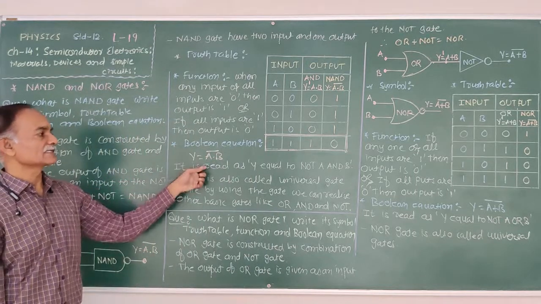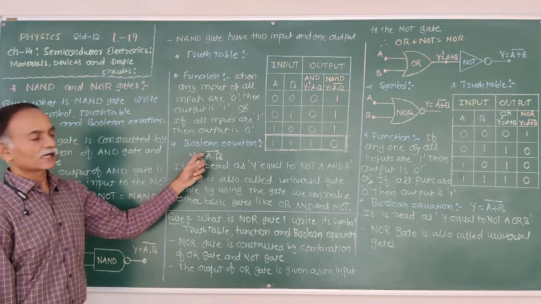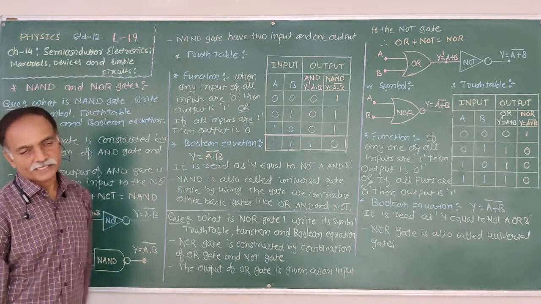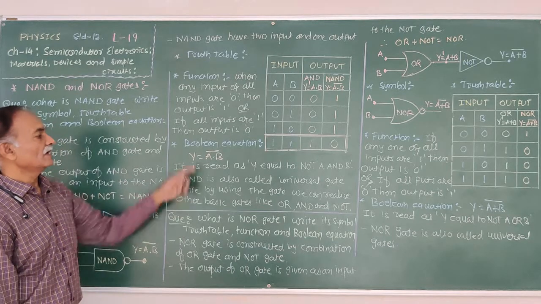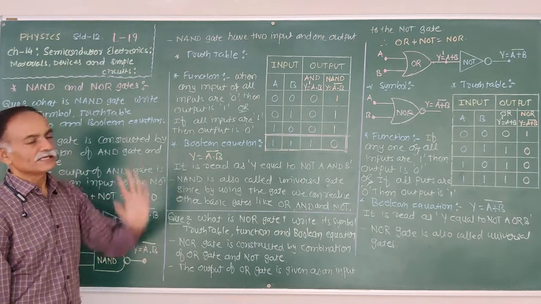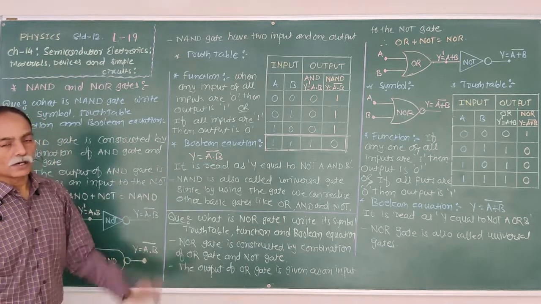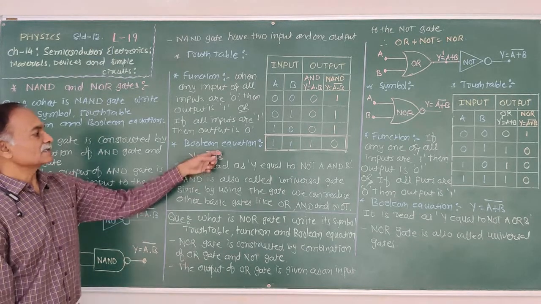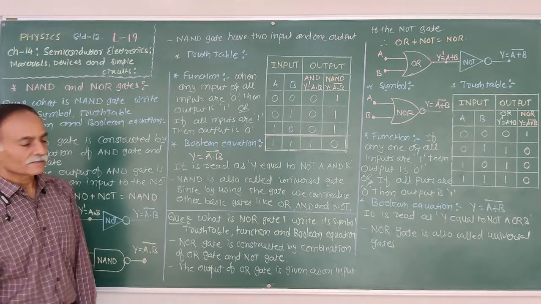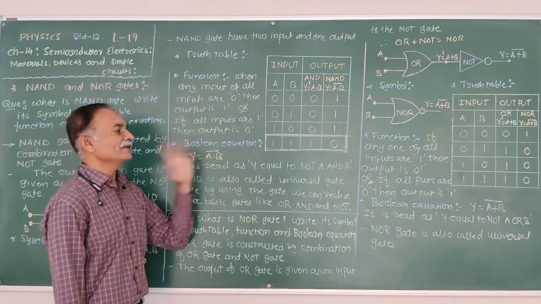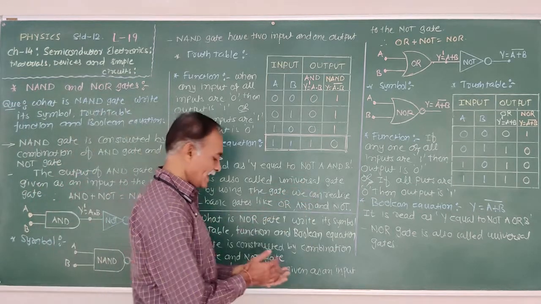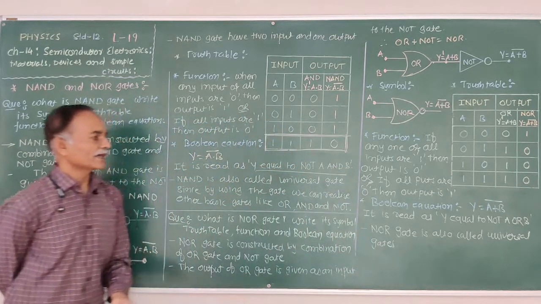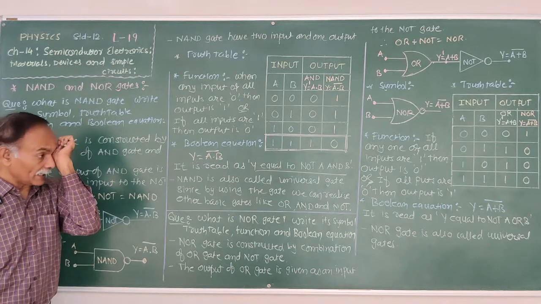It is read as y equal to NOT (A AND B), because the dot represents the AND operator and the bar represents the NOT operator. Therefore, NOT A and B. That is the Boolean equation: y equal to NOT (A and B).